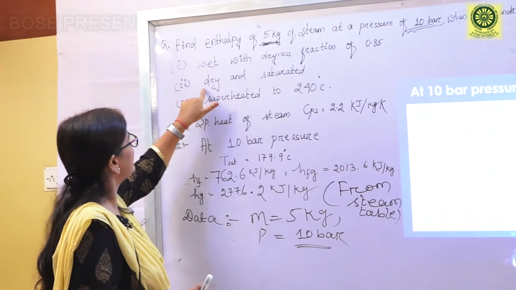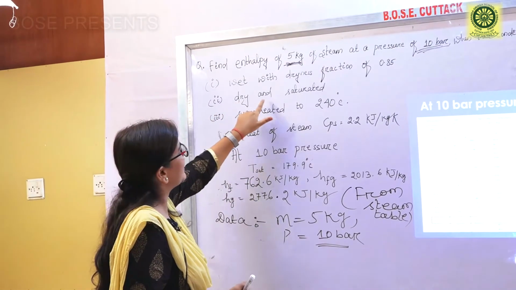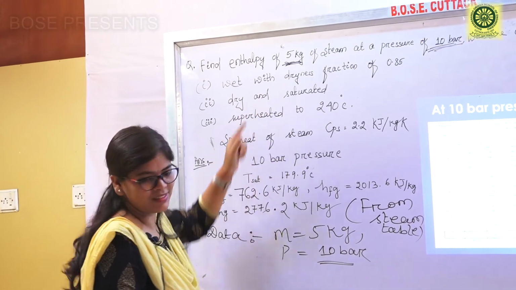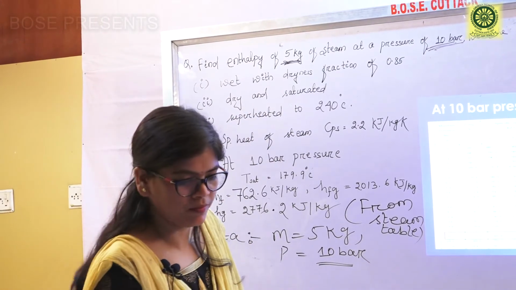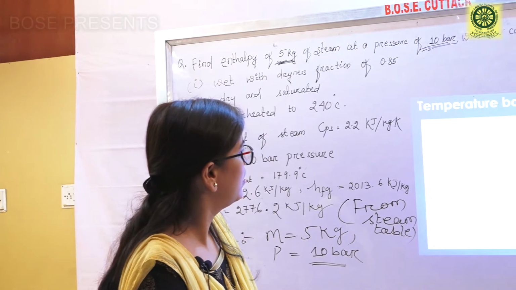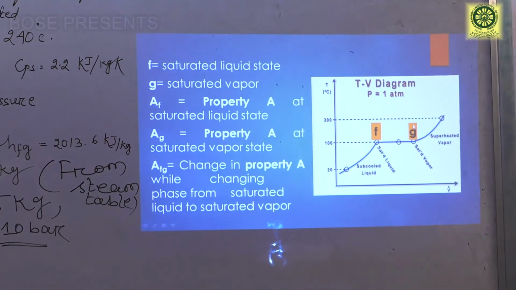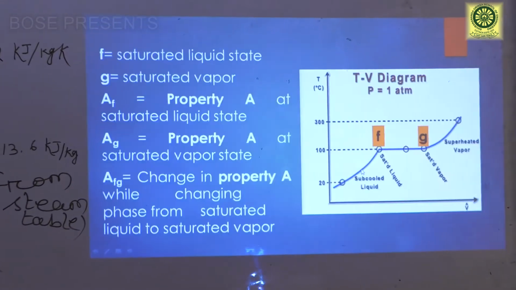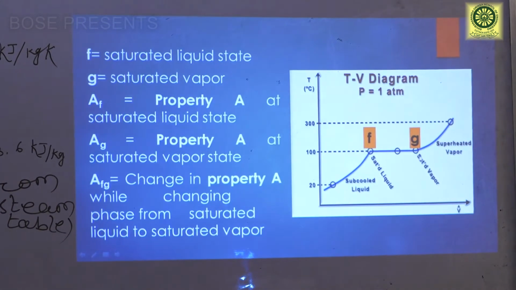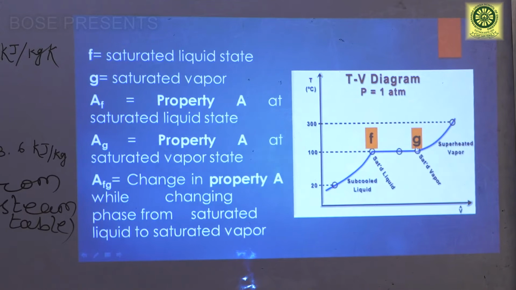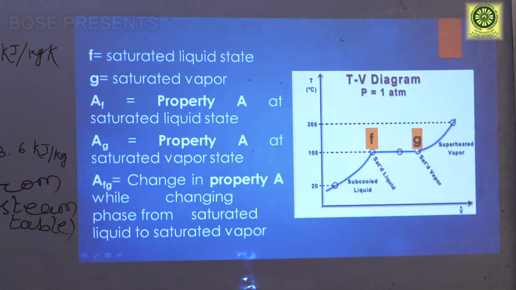And the next condition is dry and saturated. Students, I have already told you, this condition Hg. What does this Hg indicate? Dry and saturated indicates this g term, that means saturated vapor.